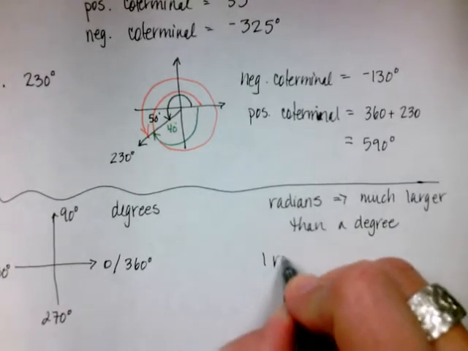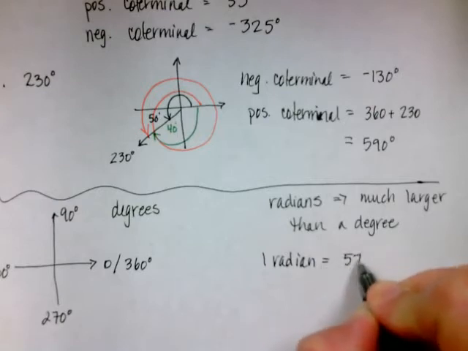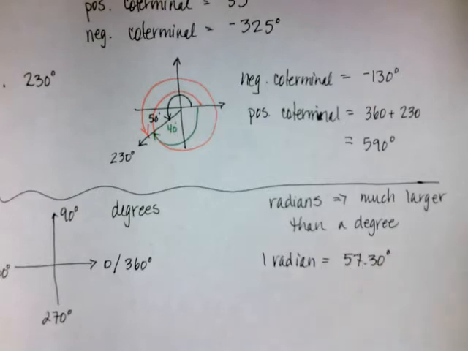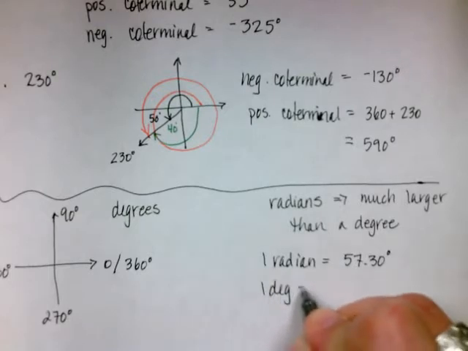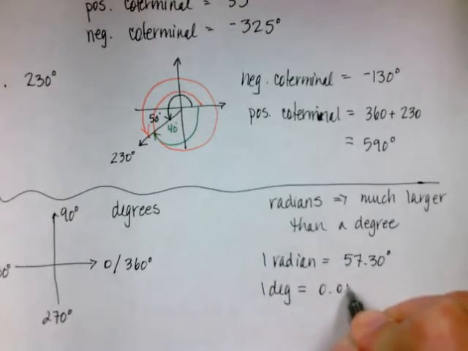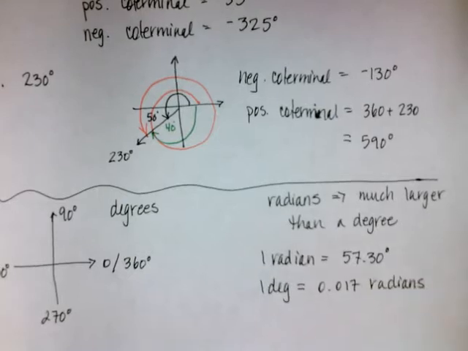So 1 radian is going to equal 57.30 degrees, which is kind of weird. Or I could say 1 degree is equal to 0.017 radians. Well, those numbers are pretty weird.